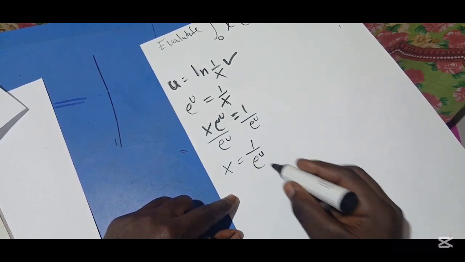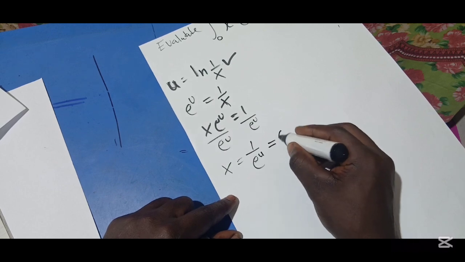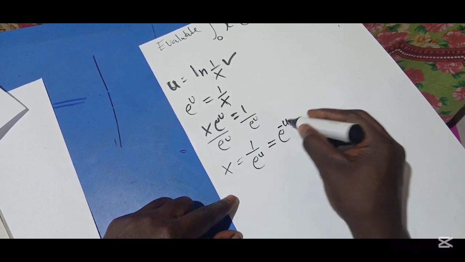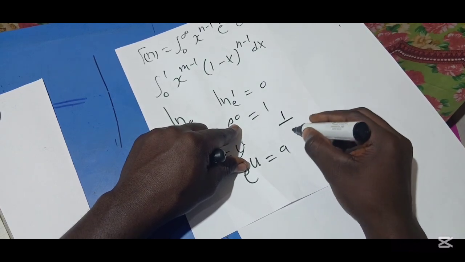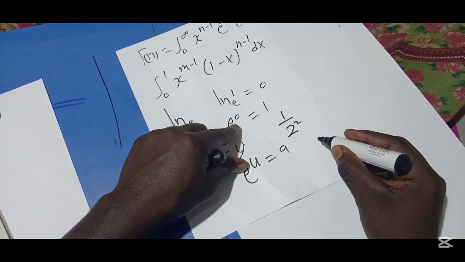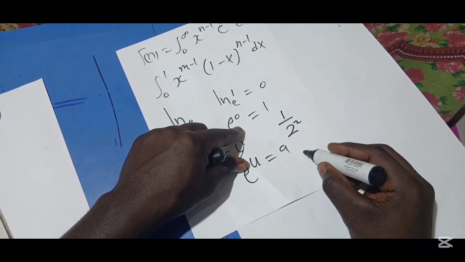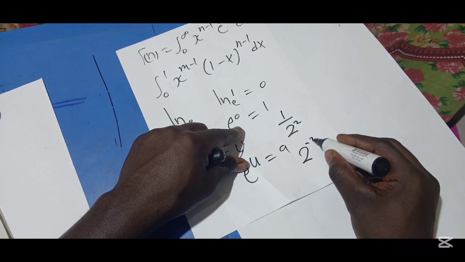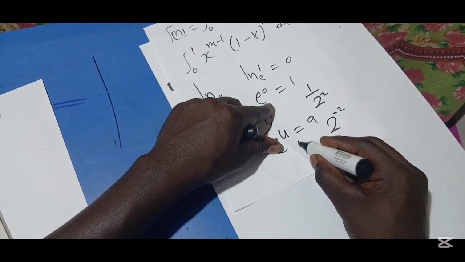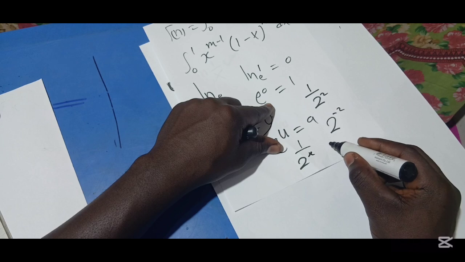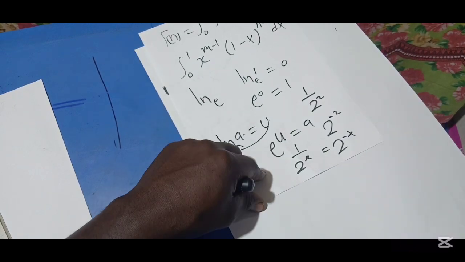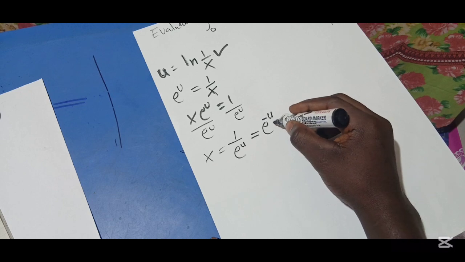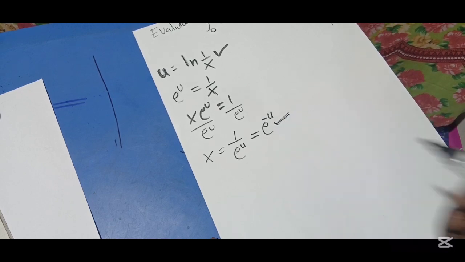That is the same as the inverse of e to the power u, which is e to the power minus u. From indices, 1 over 2 squared is the same as writing it as 2 to the power negative 2, and 1 over 2 to the power x is the same as 2 to the power negative x. So now we also have the value for our x in terms of u. Keep it in mind.